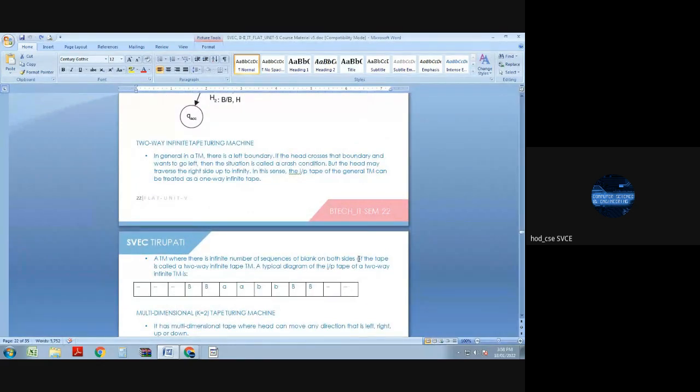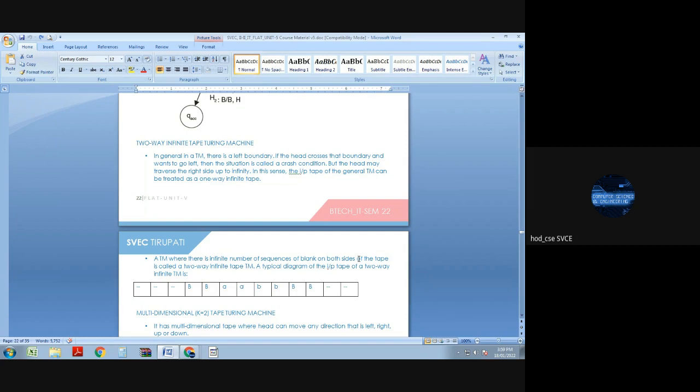The next one, the two-way infinite tape Turing machine. Before that, the tape was infinite at one end. Now it is of infinite length on both sides. This is the two-way infinite tape Turing machine: a Turing machine where there is an infinite sequence of blanks on both sides of the tape is called a two-way infinite tape.